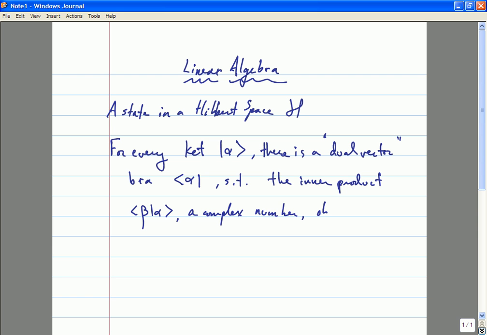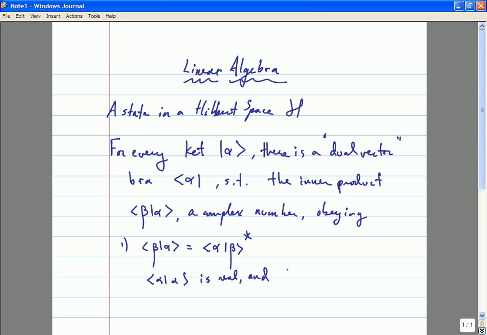Obeying two important properties. So first of all, if you complex conjugate the inner product between beta and alpha, you obtain the inner product between alpha and beta. And this implies, in particular, that the inner product of alpha with itself is real.